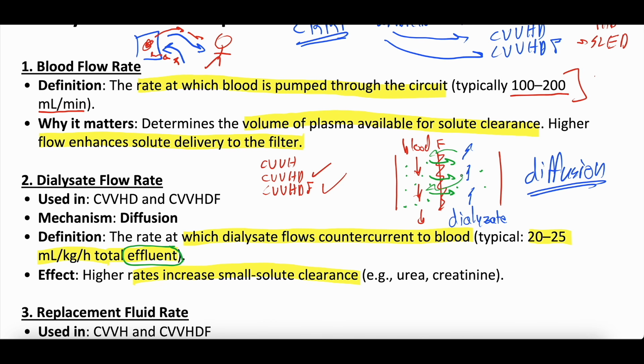Whereas if the dialysate is flowing slowly, as solute diffuses into the dialysate, the concentration of those solutes in the dialysate increases, so it kind of eliminates that concentration gradient. Then that will stop solute clearing from the blood. Whereas if it's flowing fast, you always maintain that concentration gradient, and it increases clearance of these small solute molecules. So that's the dialysate flow rate.